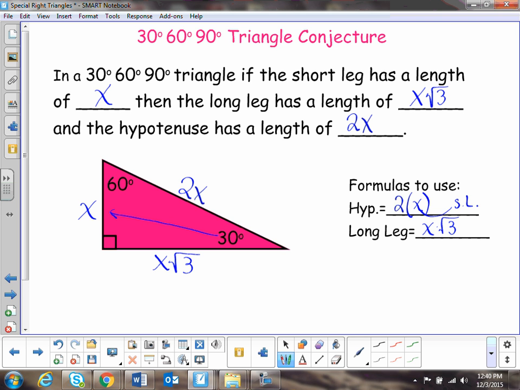The other one that you can also consider is the short leg. Let's say you're given the long leg. For this one, you'll notice it has radical 3. You can take the long leg and divide by radical 3 to find the short leg.